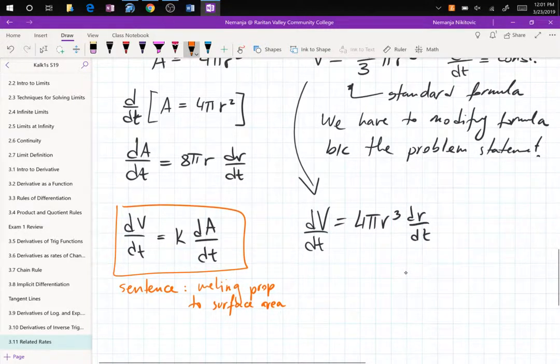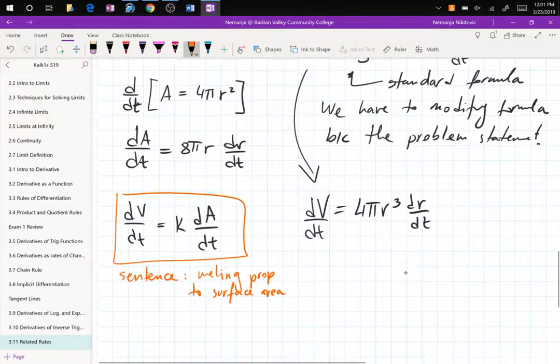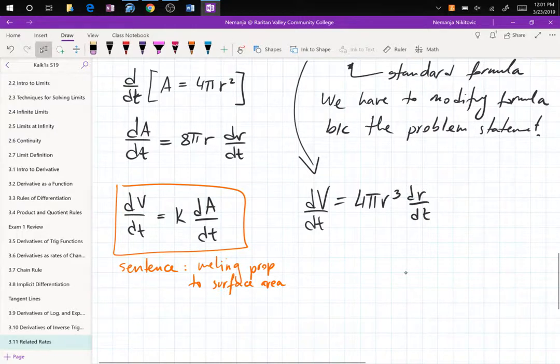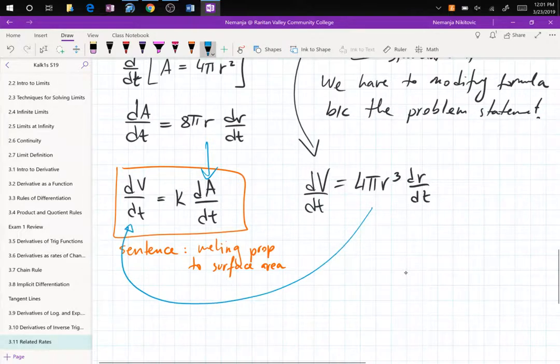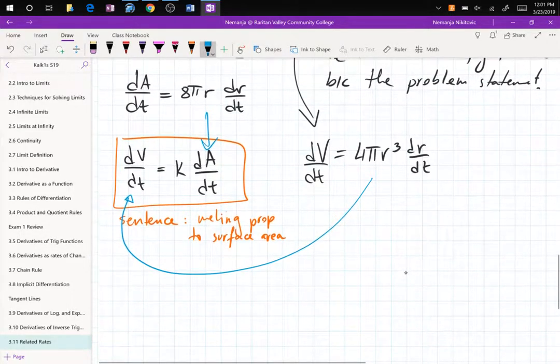So now, when I get to this situation here, because dV dt is the same as K dA dt, I just replace this. So I plug this in here, and this in there, and I work it from there.